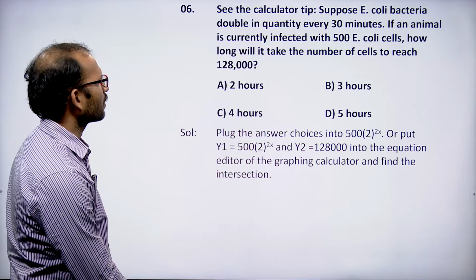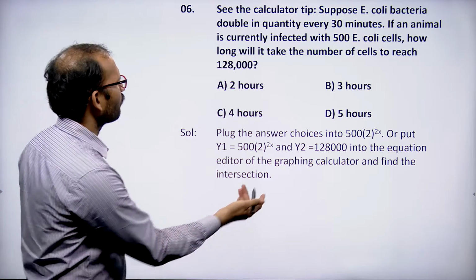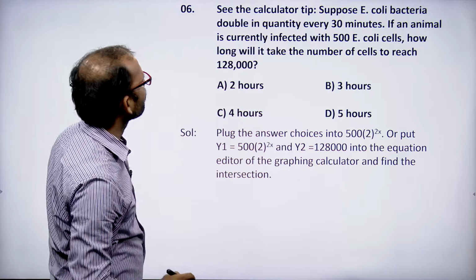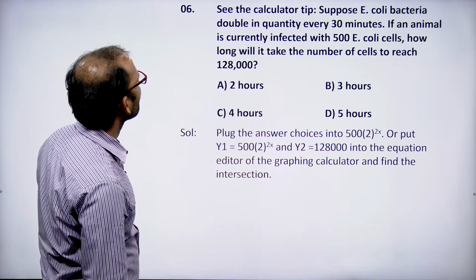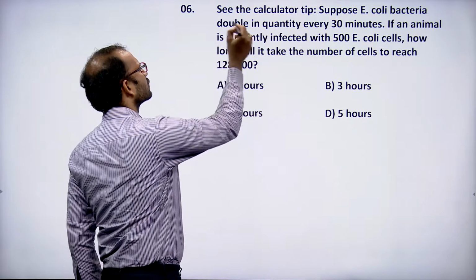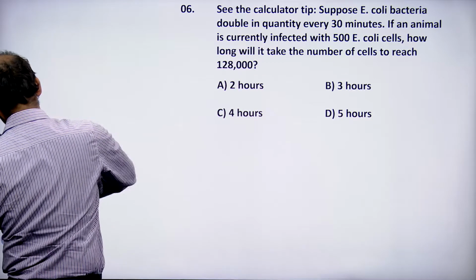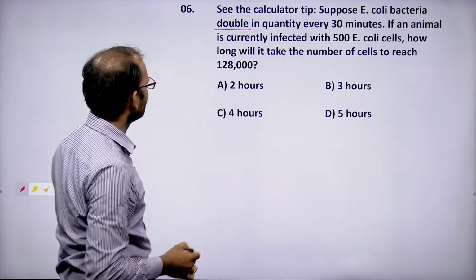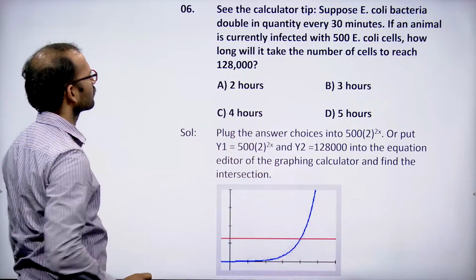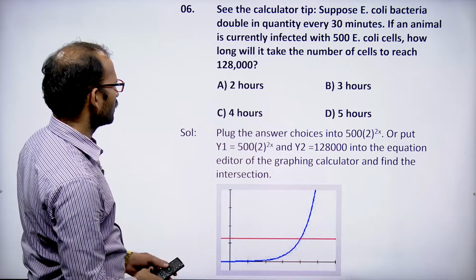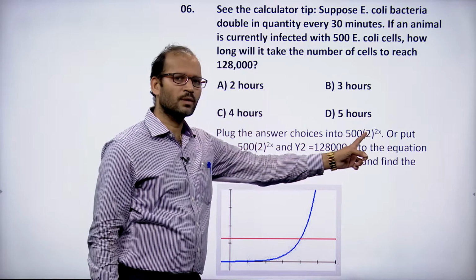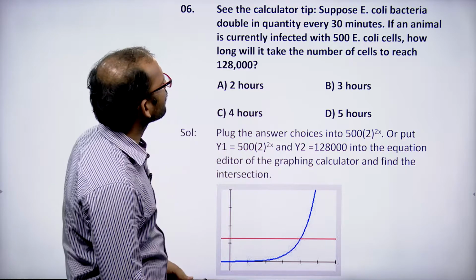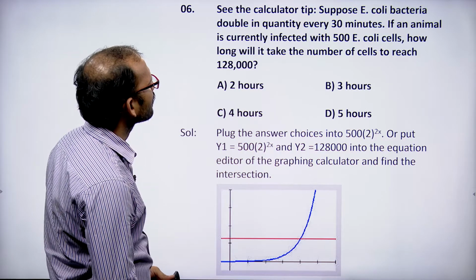Plug the answer choice. What is the exponential growth? 500 times, doubles in every 30 minutes. So that is the reason 2 represents doubles, 500, and next every 30 minutes.